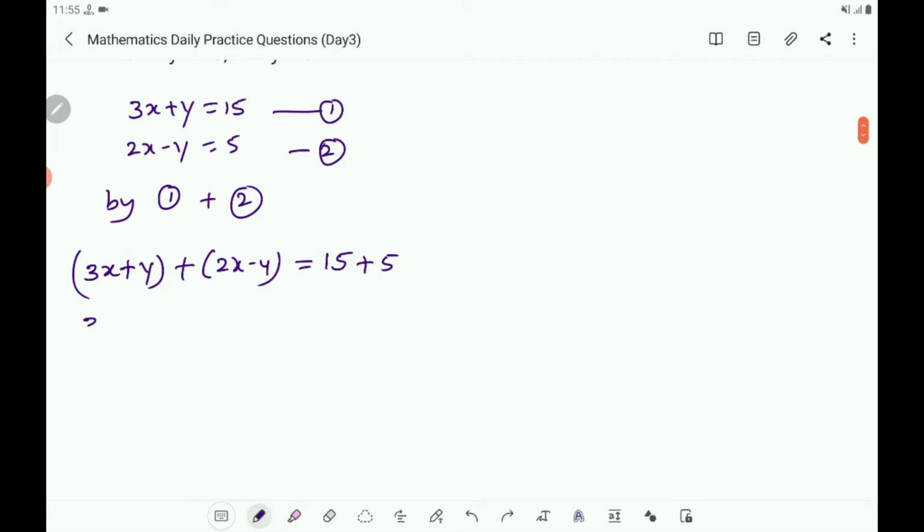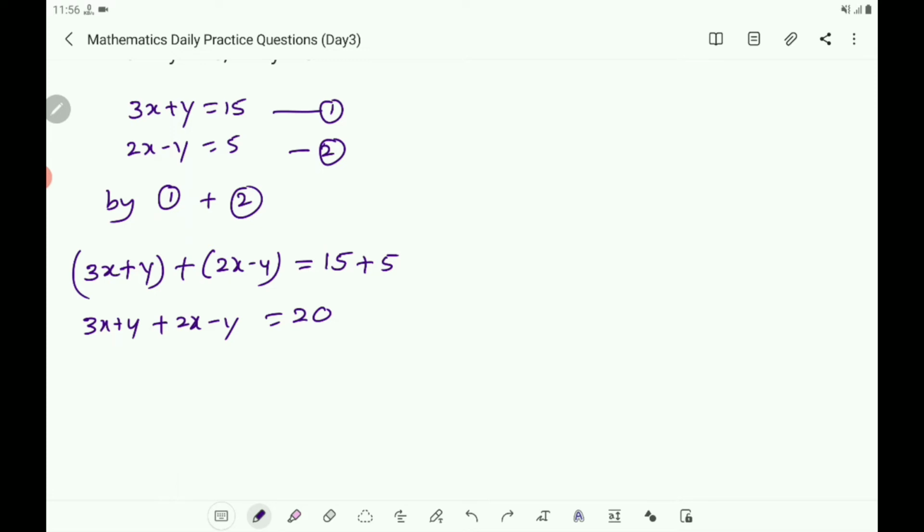Now we open the bracket, 3x plus y plus 2x minus y. Here as there is plus sign, after opening the bracket the sign will not change. So write the signs as it is. That equals, find the sum of 15 and 5. What is the sum of 15 and 5? That is 20. Then here plus y and minus y are having opposite sign with the same coefficient. You can cancel them.